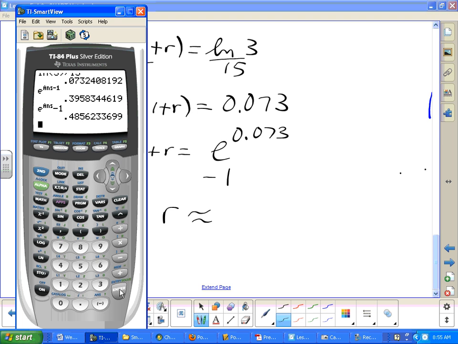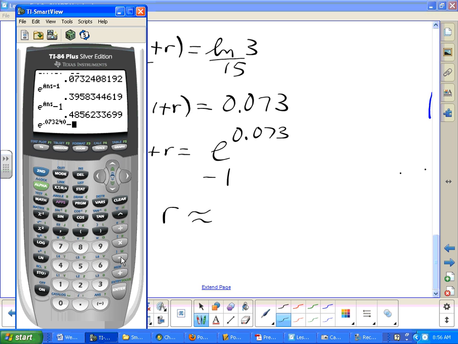Minus 1. There we go. Wow, that even seems pretty high. Is that not right? All right, let's try this again. Natural log of 0.0732480, right?